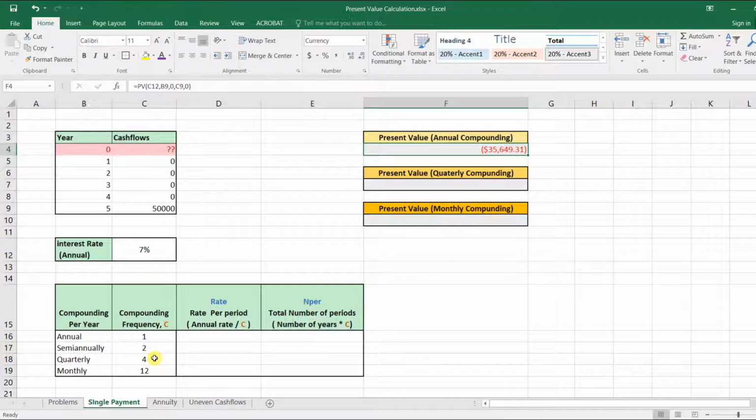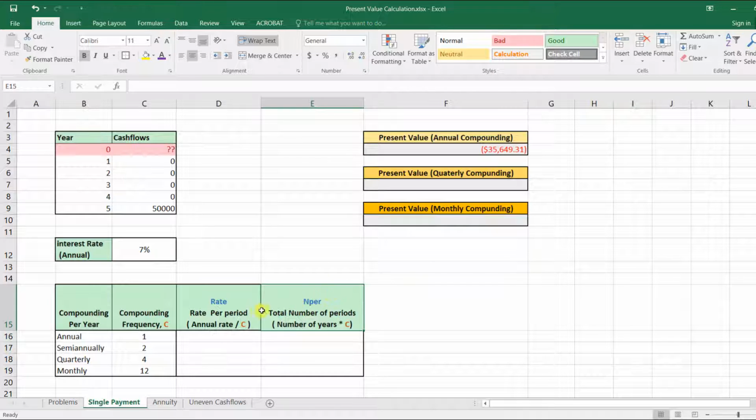What if our interest rate compounded 4 times in a year? So we had quarterly compounding. In that case, we need to adjust our rate and also our total number of periods.